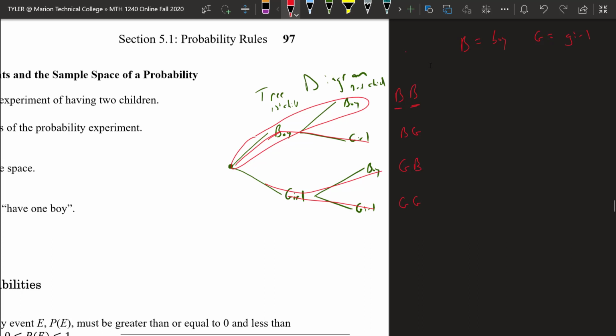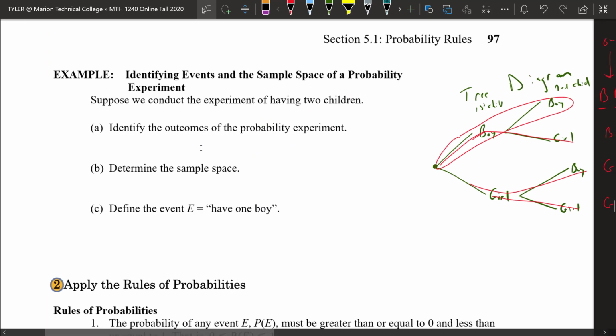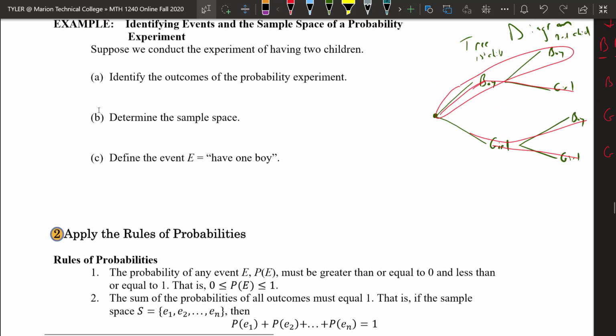So these are the possible outcomes in this experiment. So we want to identify the outcomes of the probability experiment, right?